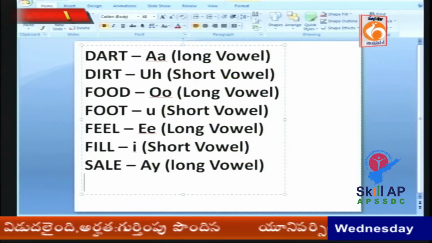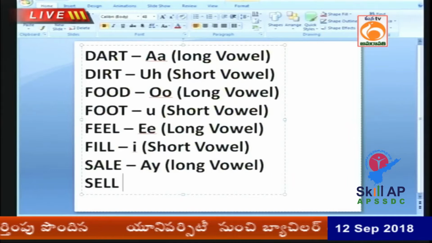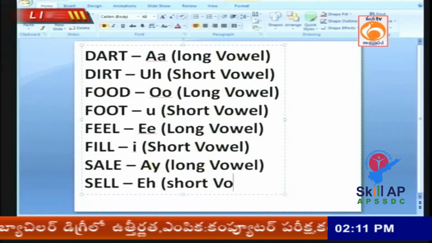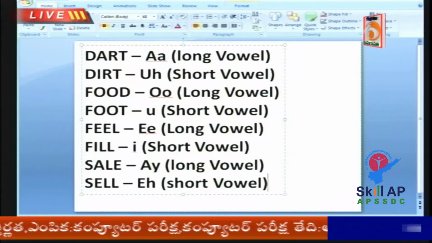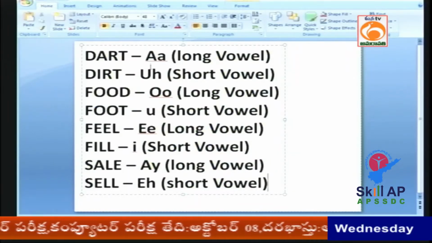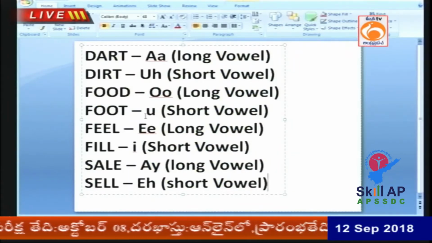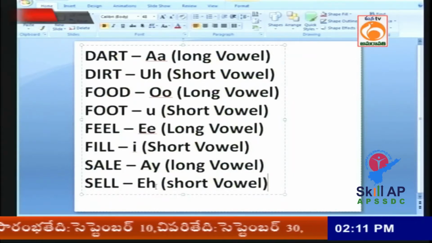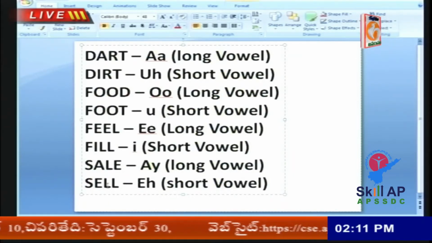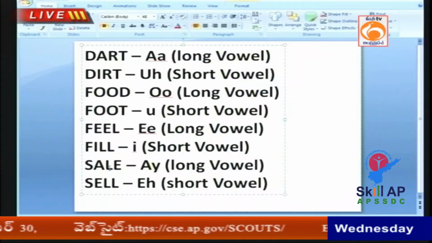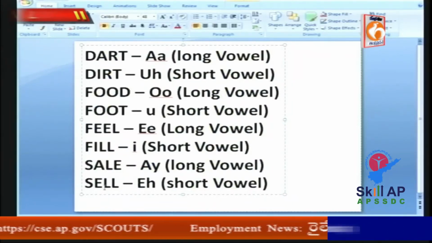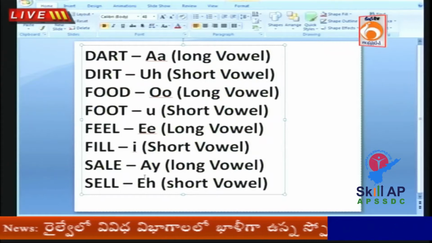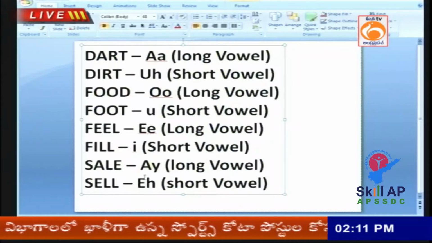Then I have another word which is sell, which is a short vowel. All right. So sail and sell. Sail is a noun, sell is a verb. So when you shift the sound, the meaning also changes. Okay. That's why you have to be very careful.